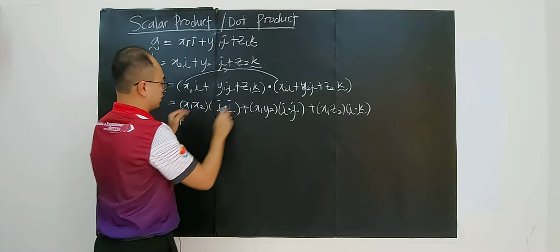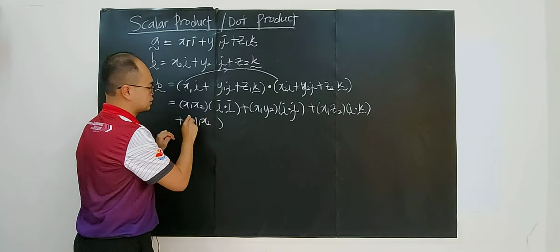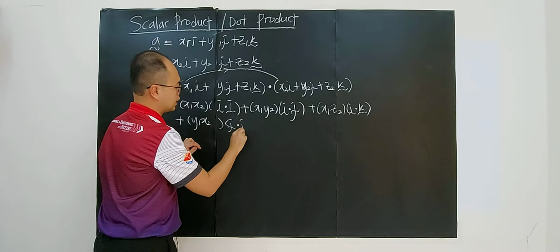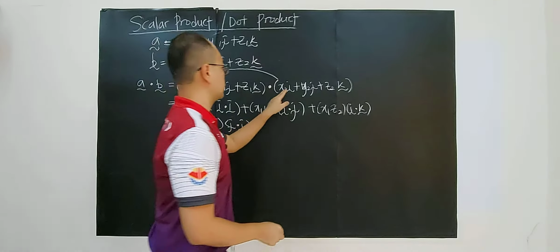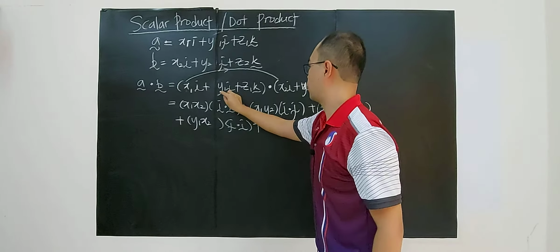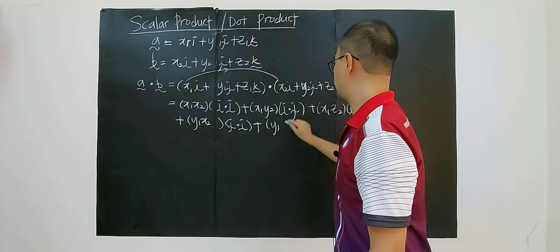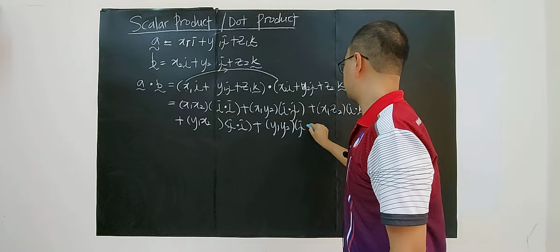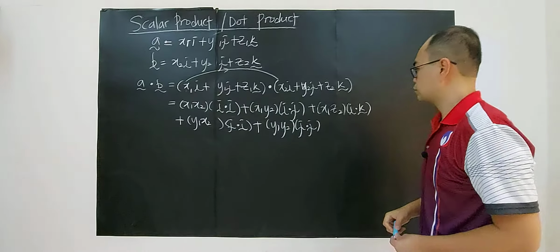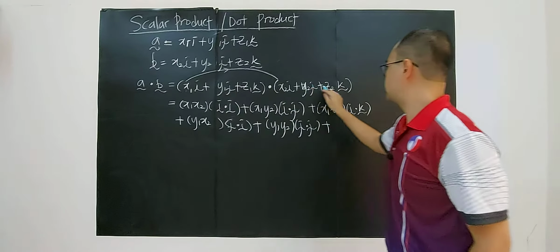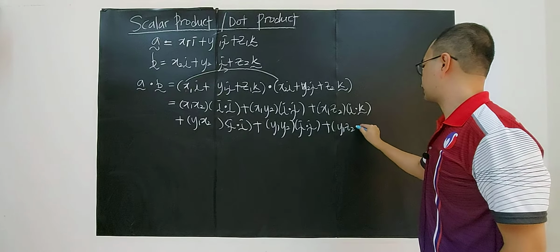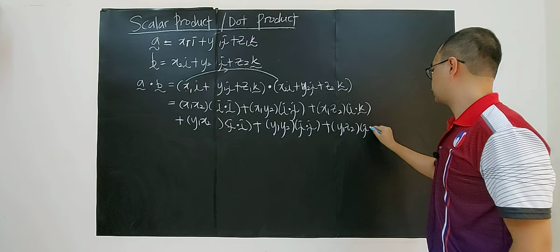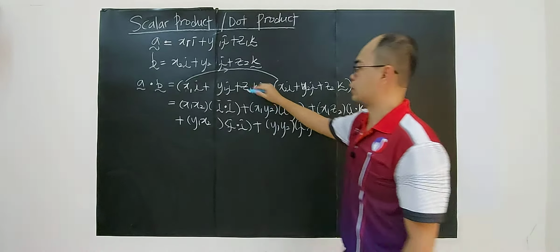Now, all the terms with x1 are done. Followed by y1 x2, which is j dot i. This is a long-winded derivation. Then y1 y2, j dot j, and followed by y1 z2, j dot k. Now the second is done.